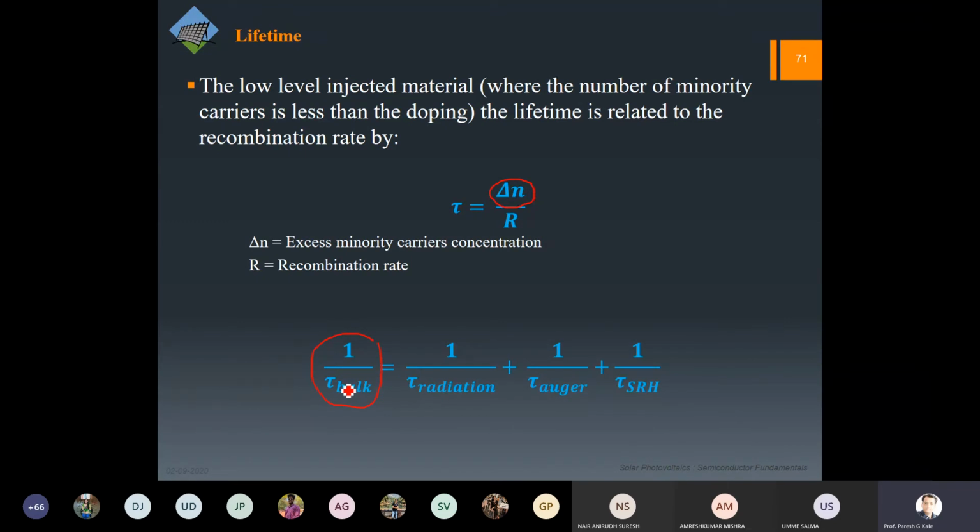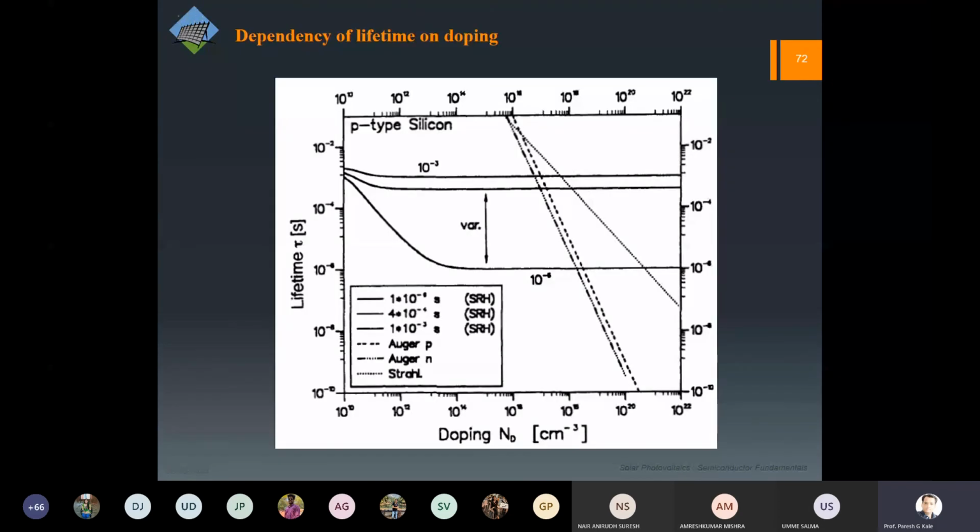It means the lifetime of any carrier in that particular material, not related to a particular mechanism. So the simplified formula can be this, where you take into account all three. But in a solar cell, this would be absent, this would be absent, and only one would be there. So your tau SRH would be roughly equal to the lifetime of the material itself.